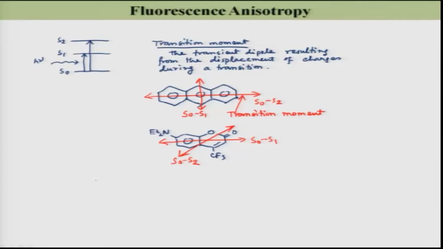To show this difference, let me take a sample having this kind of fluorophore. Before that, let me write one sentence over here, and I will explain this later in more detail.